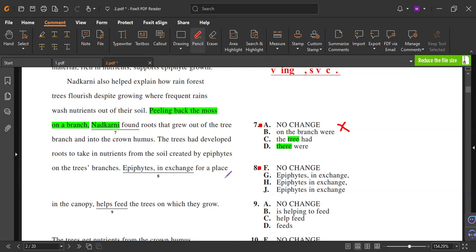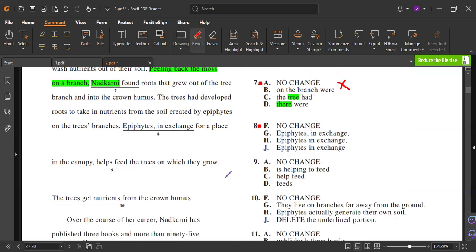But wait, you have taken a lot of time for this question. Always read the sentence from beginning to end. You will find the subject and then the verb. But between them is non-essential information, so you need a comma in this part. You see, here we don't have a comma, so both of them are wrong. Don't look here, because already we don't have a comma, and we need the comma.